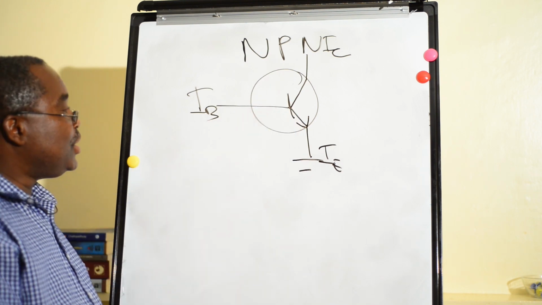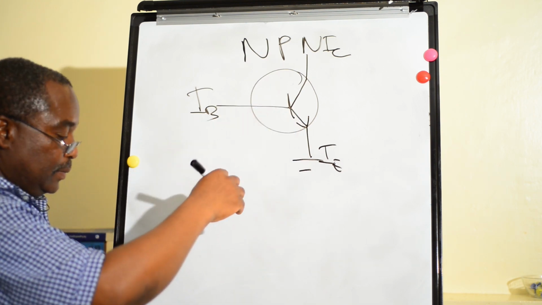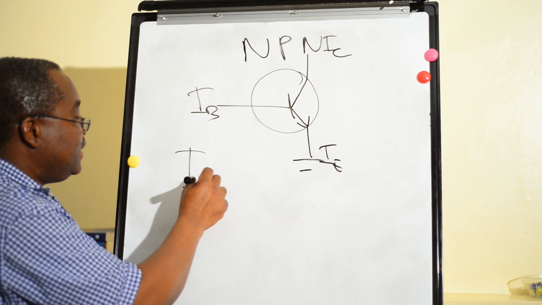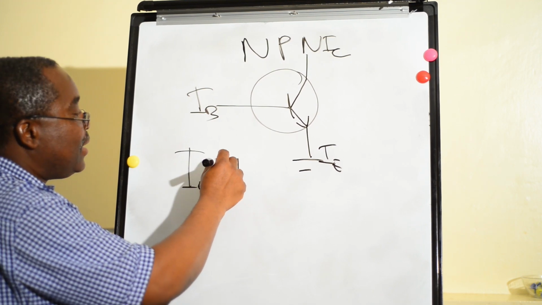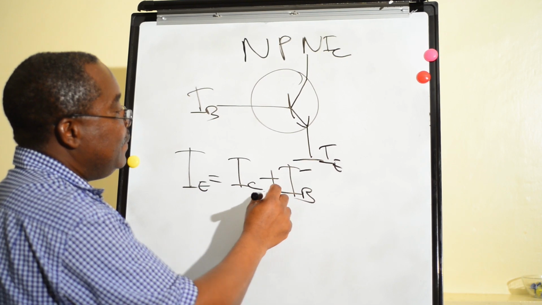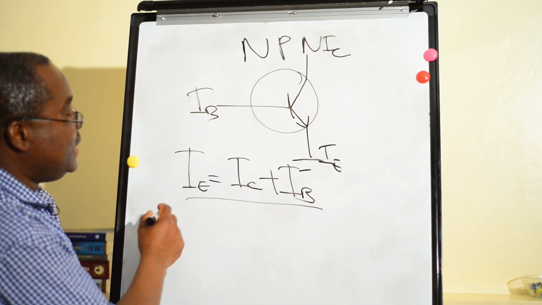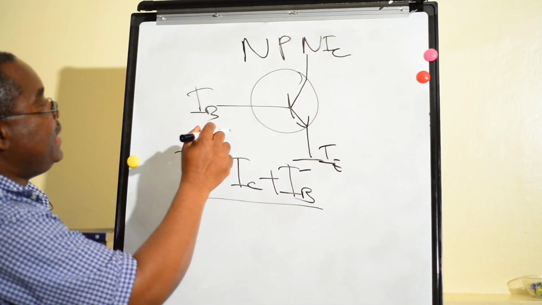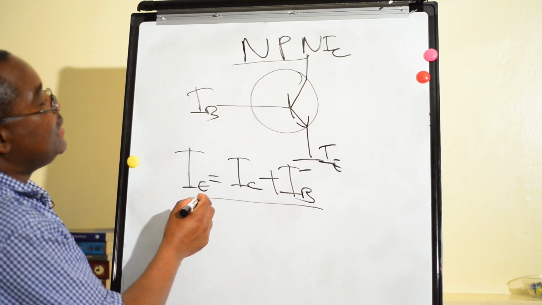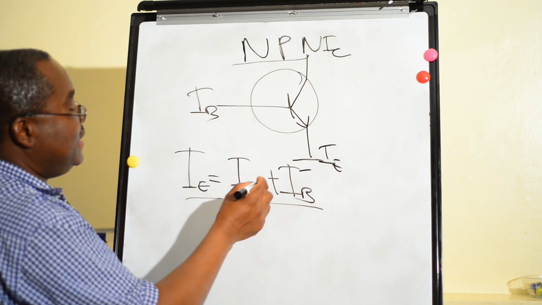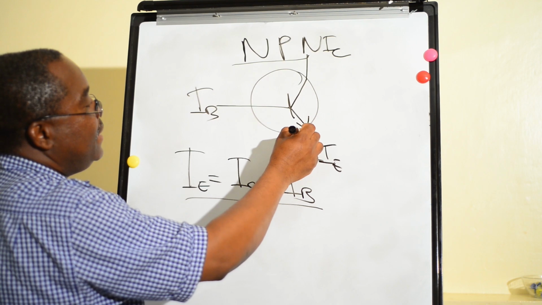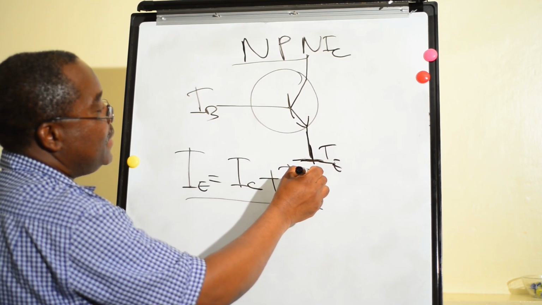So let's see the relationship of emitter current with the collector and base current. This formula is very important. In an NPN transistor, the emitter current, which is this one, is at ground.